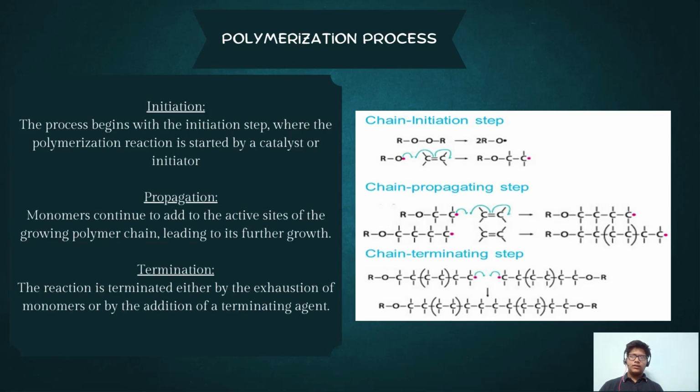And the last and final stage is termination. In this stage, the reaction is terminated by the exhaustion of monomers or by adding a terminator agent. With the help of this stage, the polymerization is completed and a macromolecule called a polymer is formed.